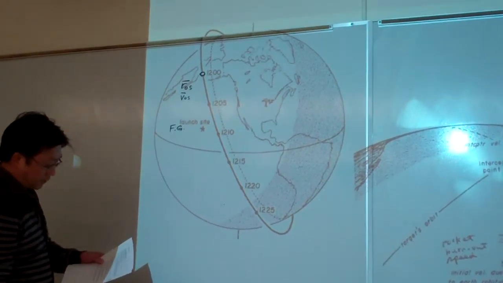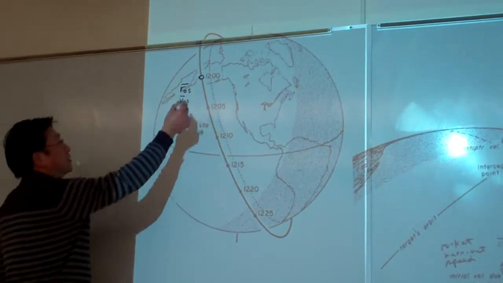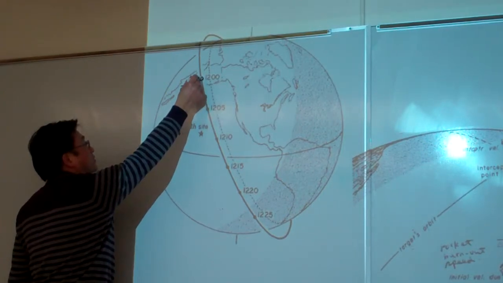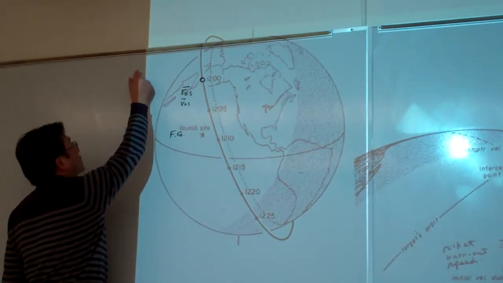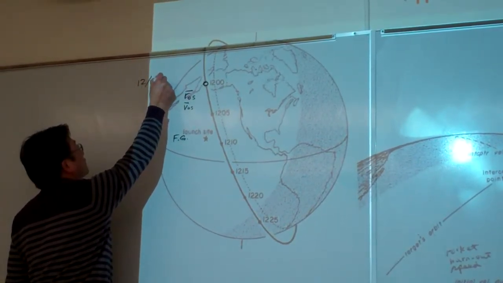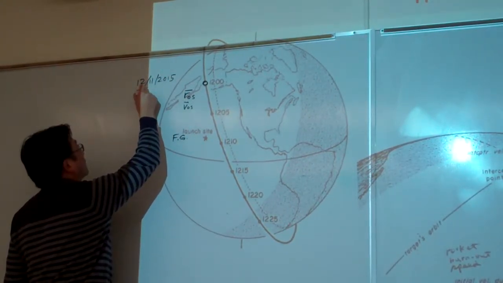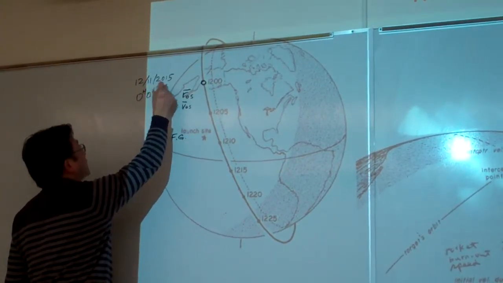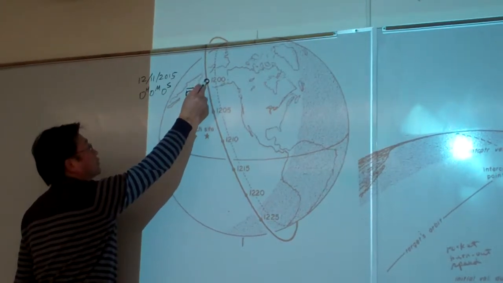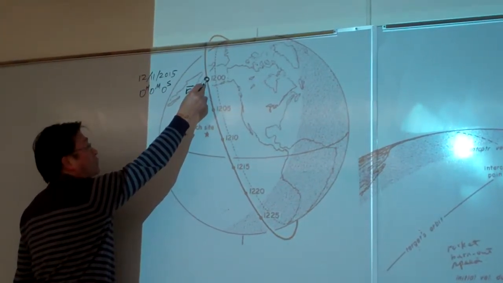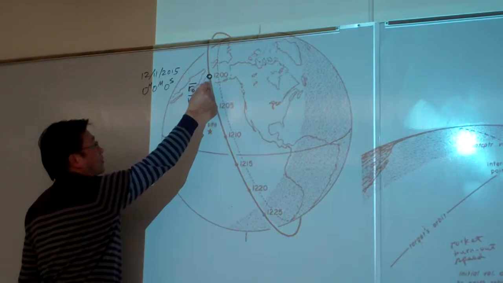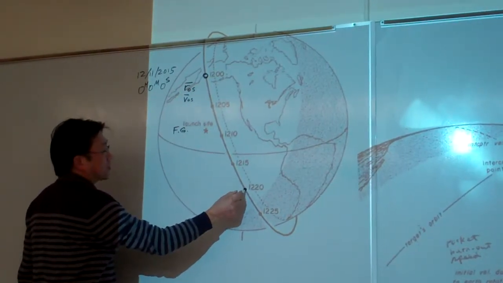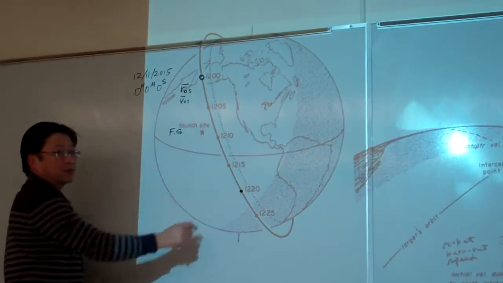That's part A. Part B is this: at the specific time, for example December 11, 2015, at 0h, 0m, and 0 seconds, we have this object detected here. Then 20 minutes later, from here to here, where is the position?